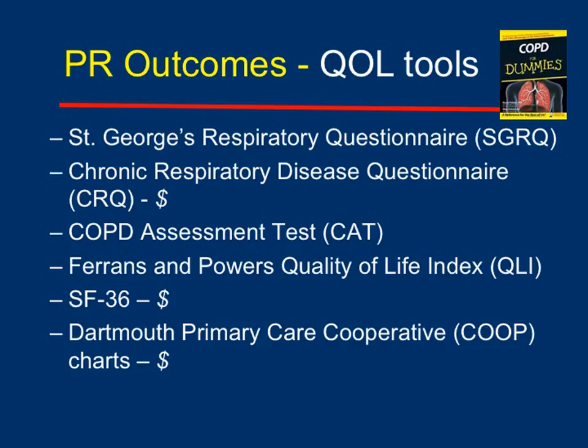The CAT test, which has become newer, it's from the author of the St. George Questionnaire, Paul Jones, becoming quite popular. The Ferens and Powers Quality of Life Index, and the SF-36, which is licensed and it requires a fee, and then finally the Dartmouth Primary Care Cooperative. Next slide, please.